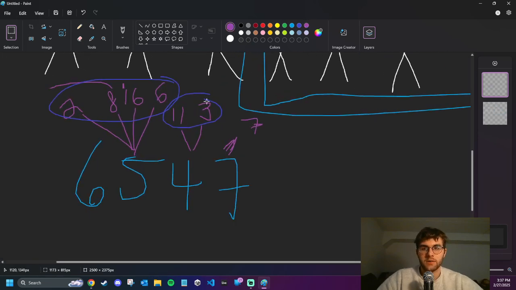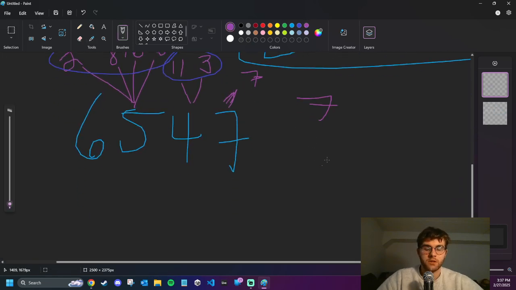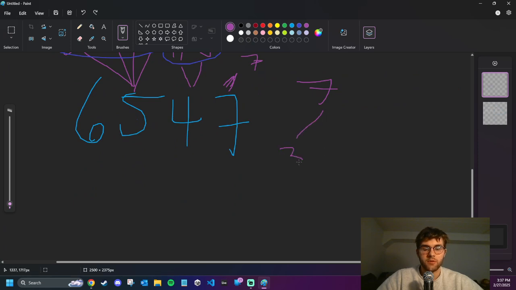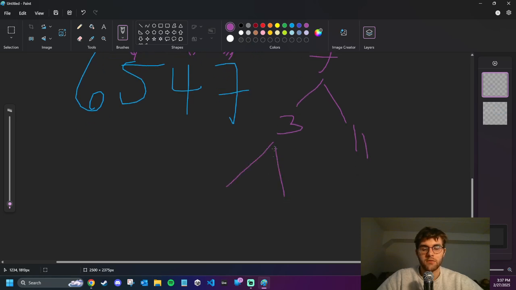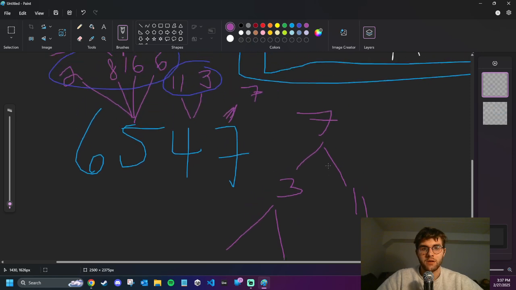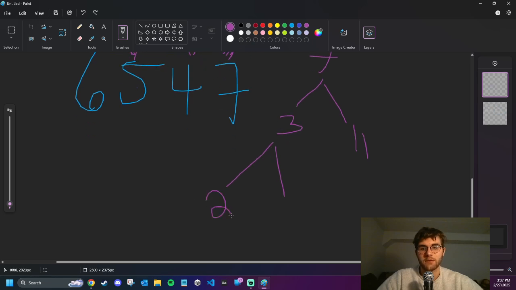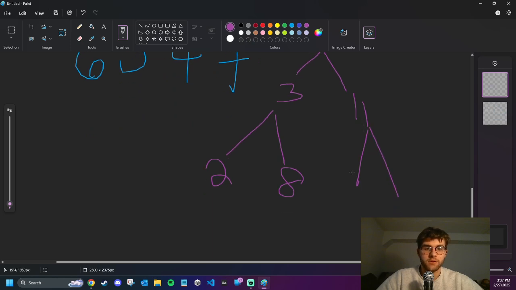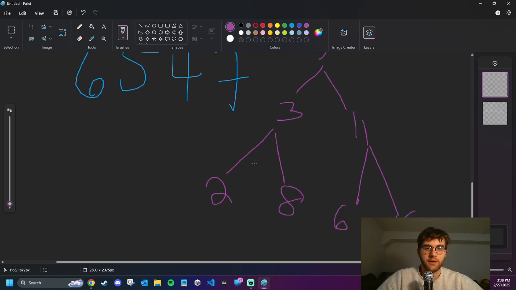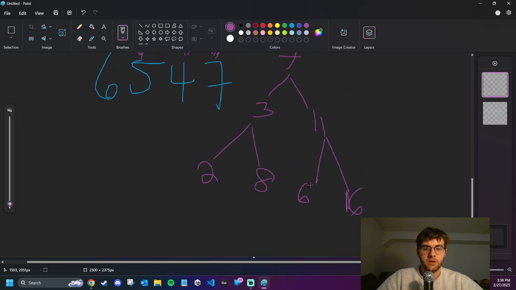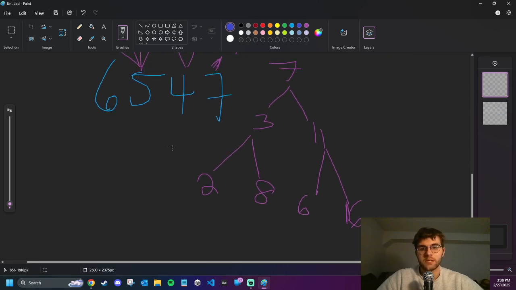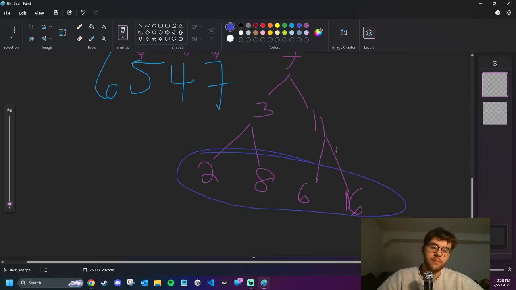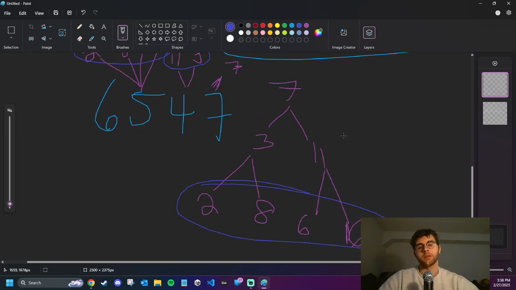So we can define it as, we take 7 and then we plus or minus 4, and that gives us 3 and 11, and then we plus or minus 5, and then we get 8, and so let's say that this is the minus, so minus 5, and then we take the absolute value of that, so 2 or 8, and then here we can plus or minus 5, so we get minus 5, 6, plus 5, 16, and then when we get to the last number, we just check, does 6 exist here? Okay, so that's another way of thinking about the problem.